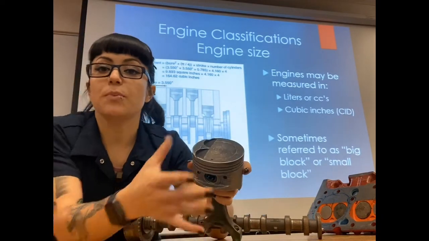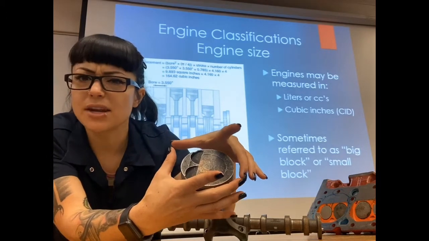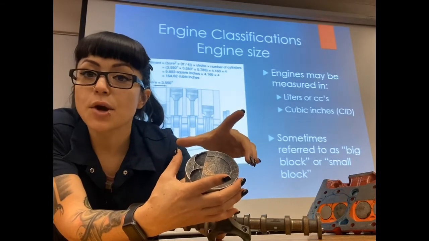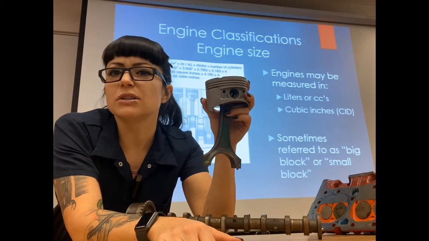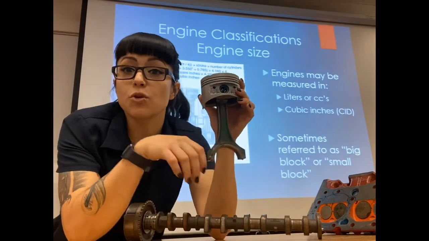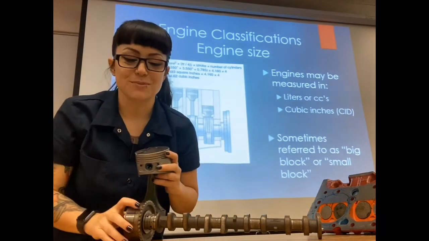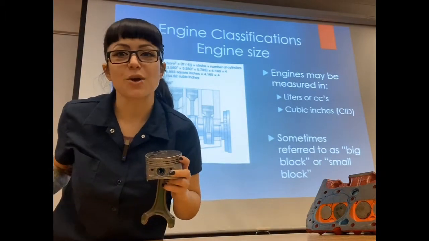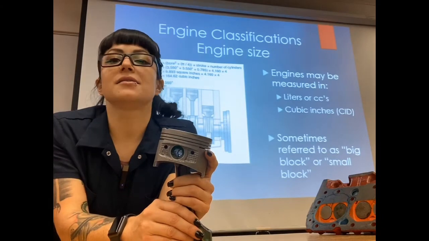So maybe your pistons are larger, so the cylinder size, and I'll get into measurements, but that's bore, is larger. Maybe you can think of like having longer legs, or your bicycle pedal stroke is different. I'm trying to use terms that you guys might know.